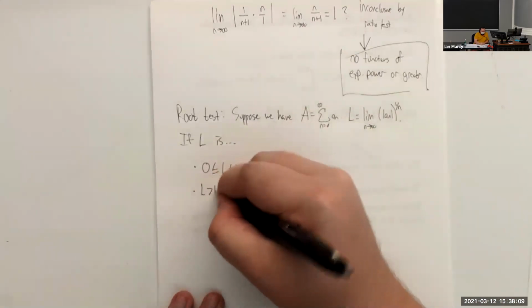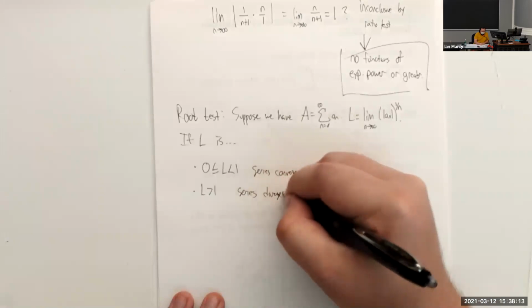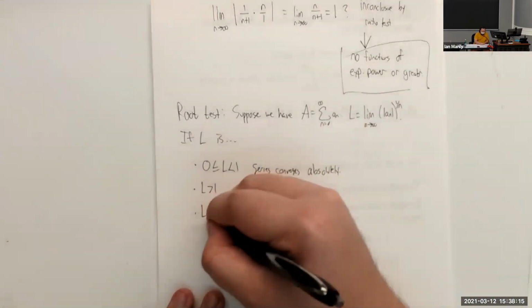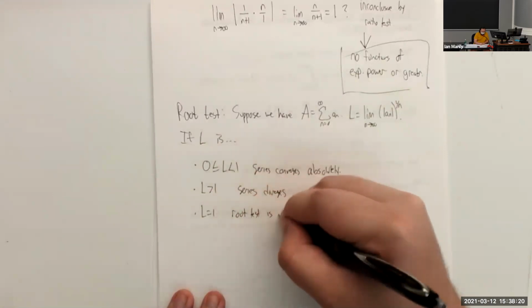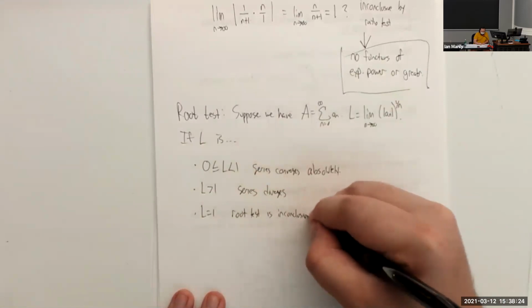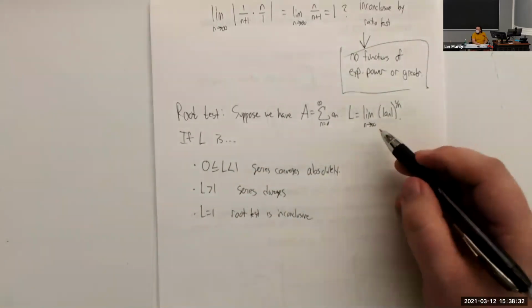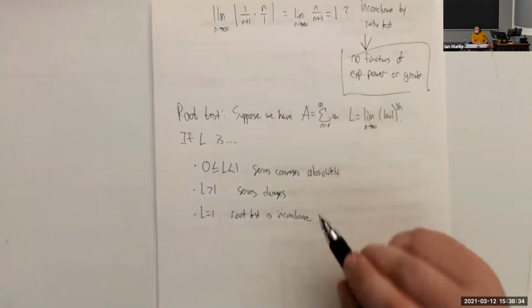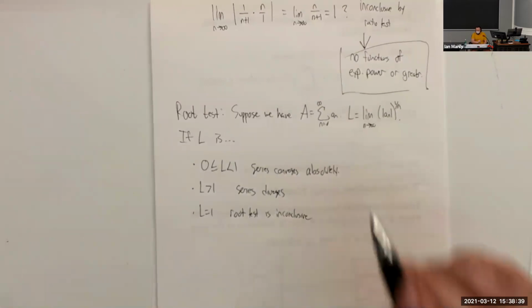If L is greater than 1, the series diverges. And if L equals 1, the root test is inconclusive. So it's literally exactly the same criterion that we had for the ratio test. It's just going to be a different limit than before. But otherwise, this is identical to the ratio test here.